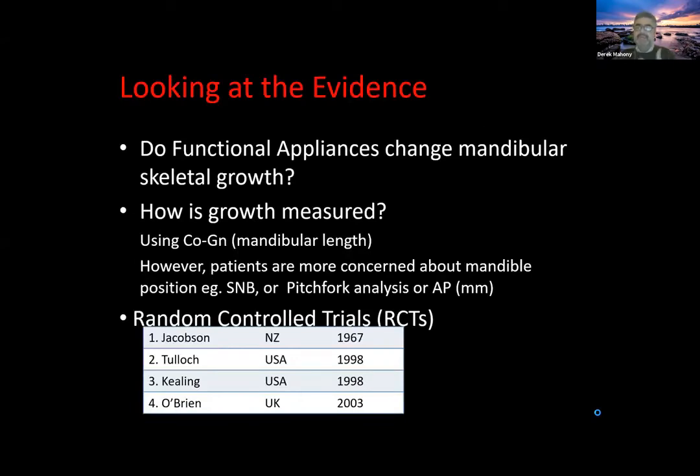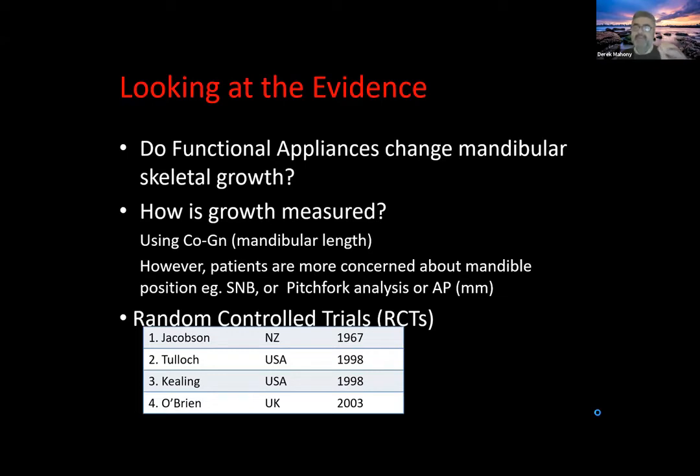So, did the paper measure mandibular length or purely just A and B differences? If it only measured A and B differences, like those 4 papers I'm showing you there, maybe they're not seeing the changes that I'm talking about. So we need to make sure that any paper we read looks at mandibular skeletal growth.